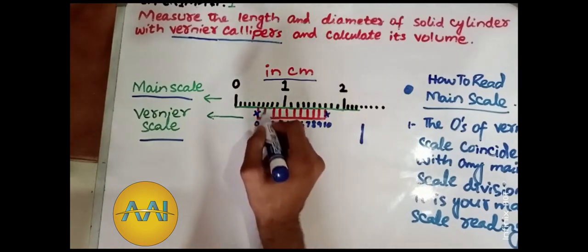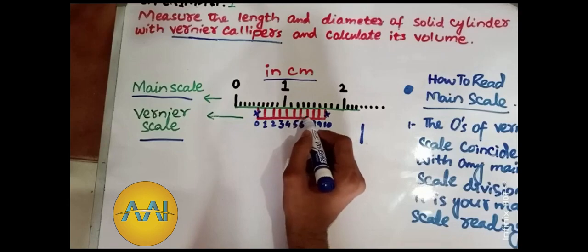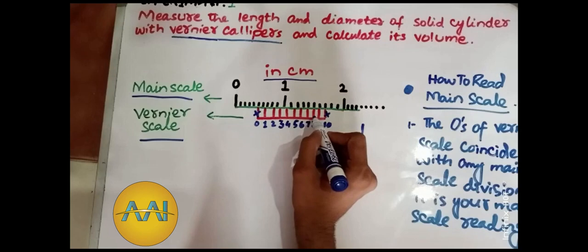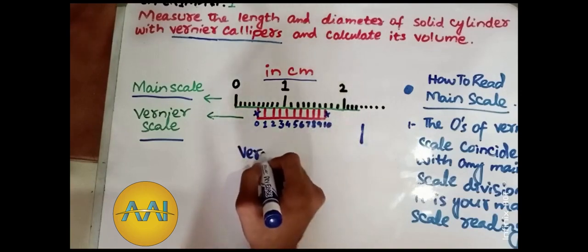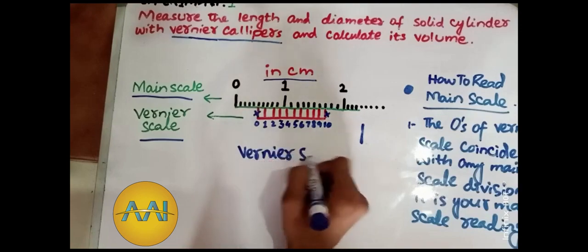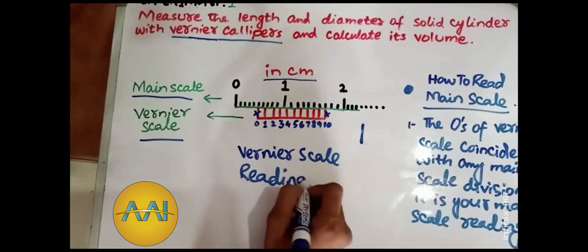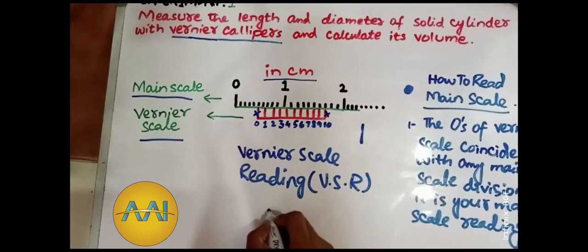So 1 is not coinciding, 2 is not coinciding, 3 is not coinciding, 4 is also not coinciding, 5, 6, 7 are also not coinciding, but 8 and 9. The best coinciding is 8. So here I am taking the Vernier scale reading, which is also represented by VSR, as 8.